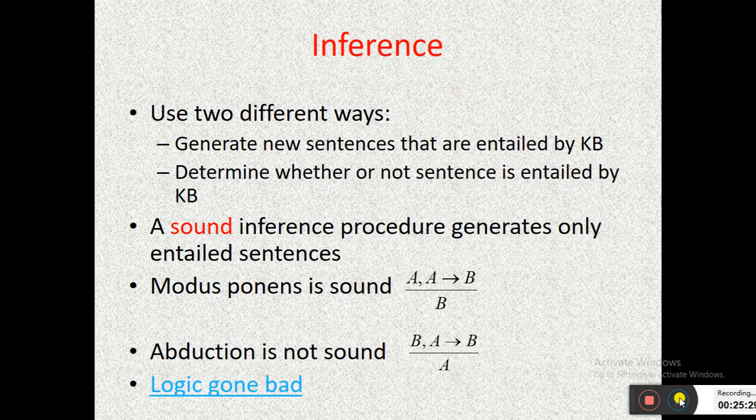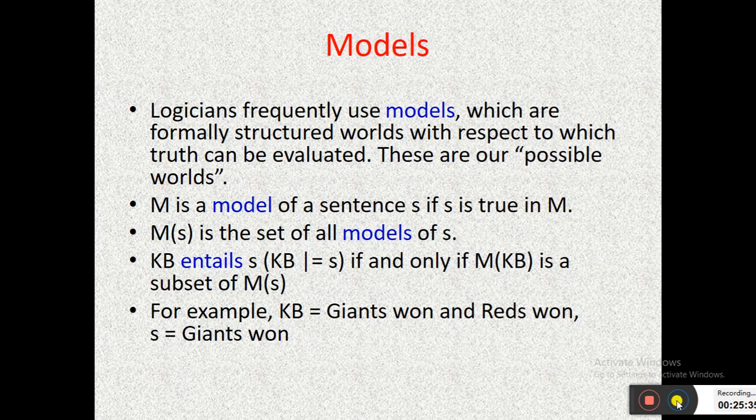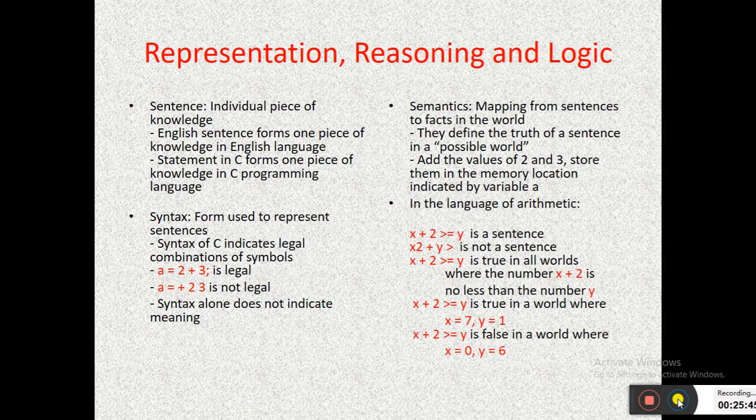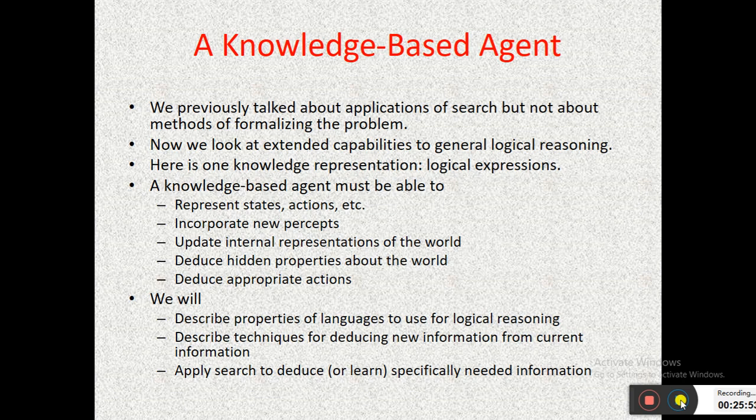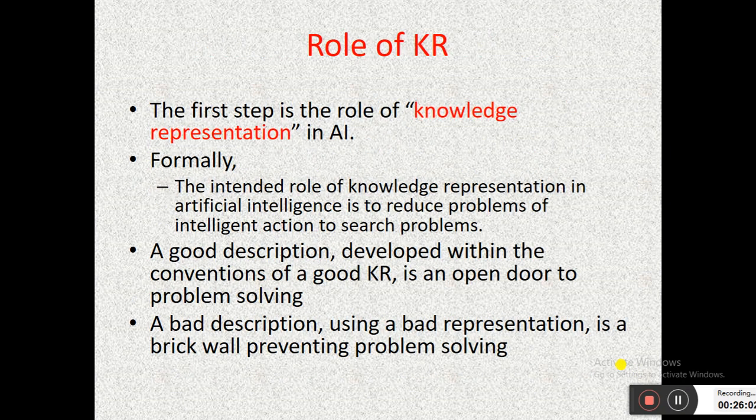We have also discussed inference and the models. We have also briefly discussed the Wumpus model, and then the topic of knowledge representation, reasoning, and logic. And here we discussed the knowledge based agent, and the main topic that we have covered today is knowledge representation.